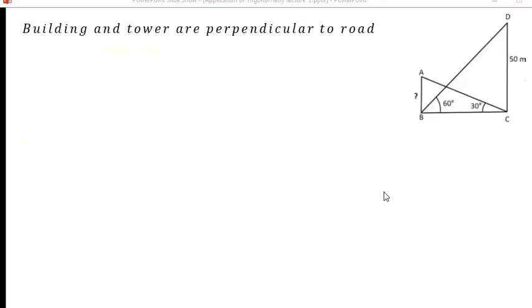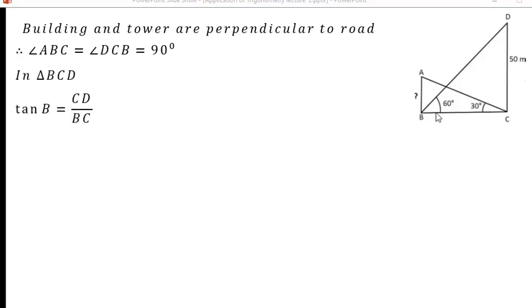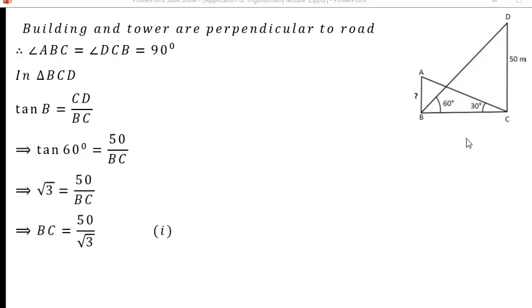Now here we will first take triangle BCD. In triangle BCD, tan of angle B, that is tan 60 degree, will be equal to opposite CD upon adjacent BC. After solution we will get the value of BC, which is 50 divided by √3. Once we get the value of BC, we will take triangle ABC.